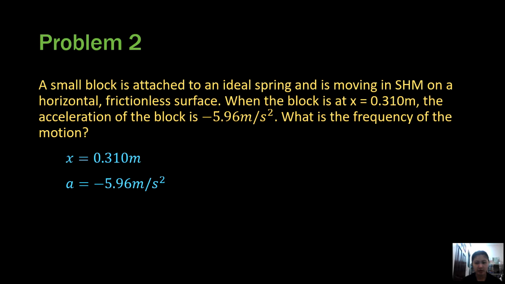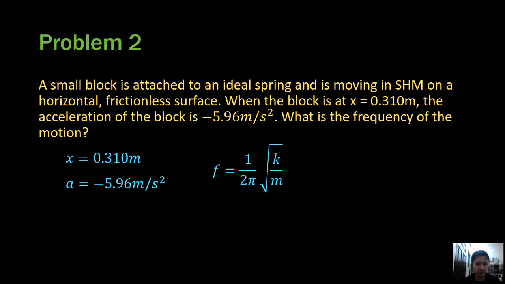We know that the formula for the frequency in SHM terms is equal to 1 divided by 2 pi multiplied by the square root of k divided by the mass. We're actually looking for the k over m variable in the formula, but it's not given in the problem.